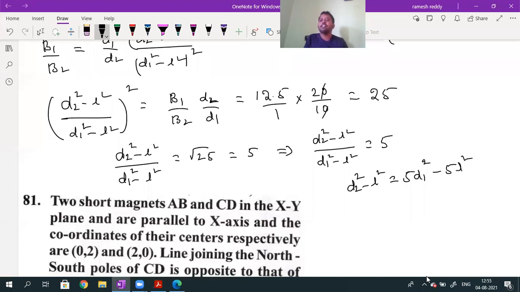Correct, Nara? So sending this 5L square this side, it will become 5L square minus L square will be equal to 5 into (D1 square minus D2 square).